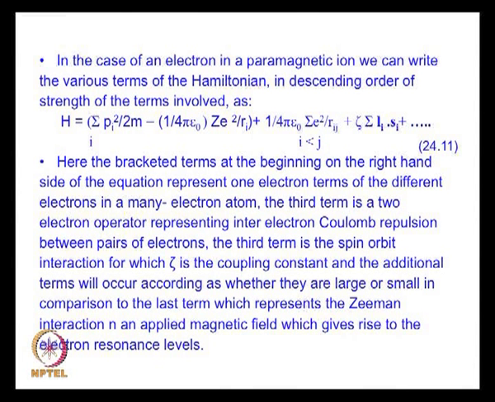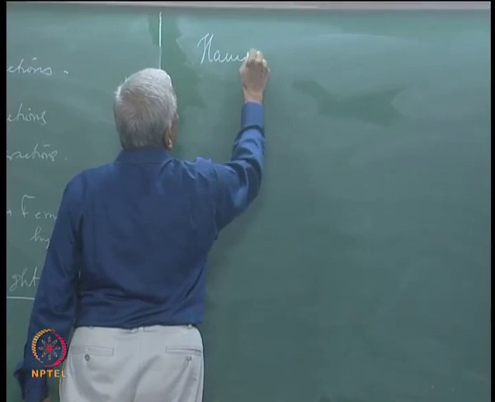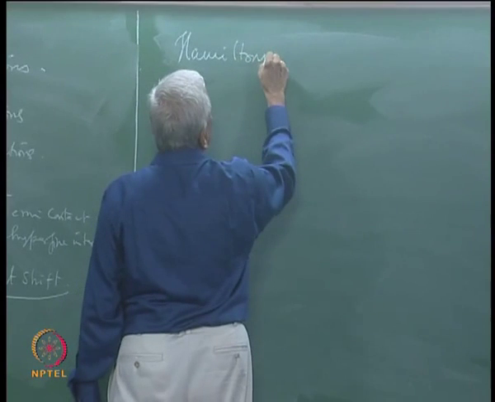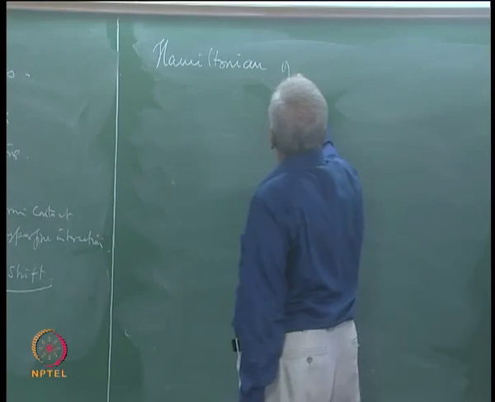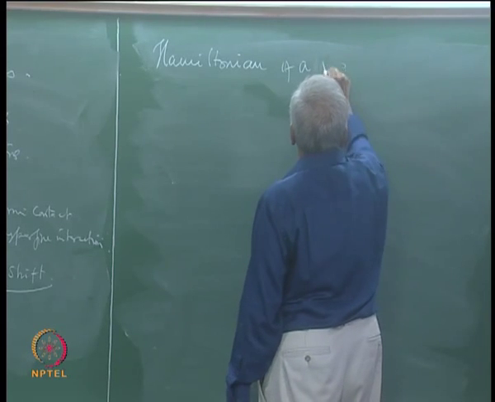Now, looking at the electron spin resonance process in a little bit closer detail, in order to do this we should start with the Hamiltonian of an electron, of a many electron atom, say.